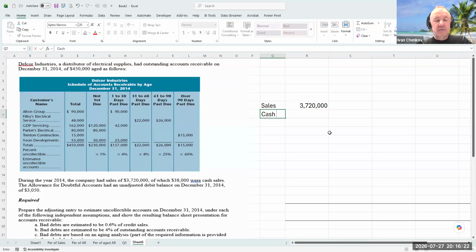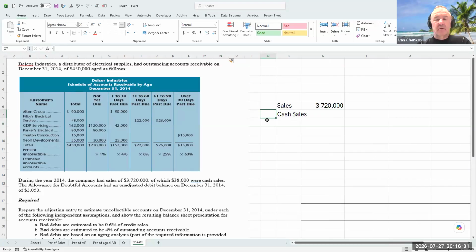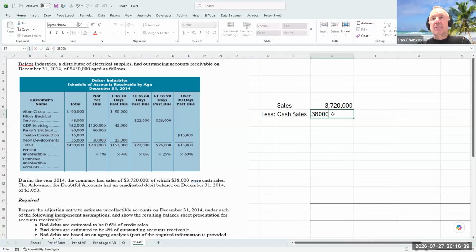So the total sales less the cash sales, which are in this case 38,000, is going to give us the credit sales.